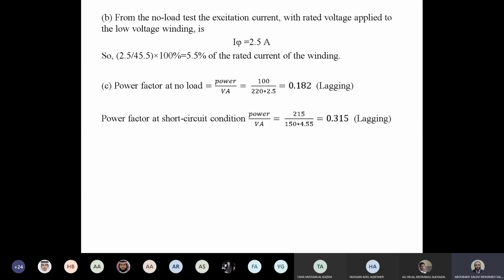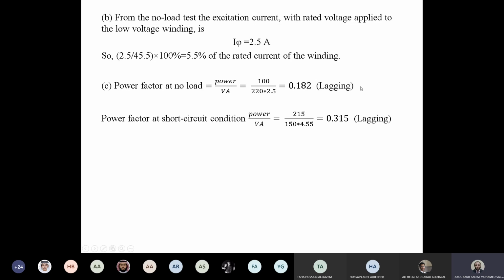Simply, you can use the relation now. You have power, voltage, and current. Power factor equals power divided by voltage multiplied by current. So at no load, the power factor is 100 divided by 220 multiplied by 2.5 amps, so the power factor is 0.182 lagging. It is lagging because the circuit is inductive.